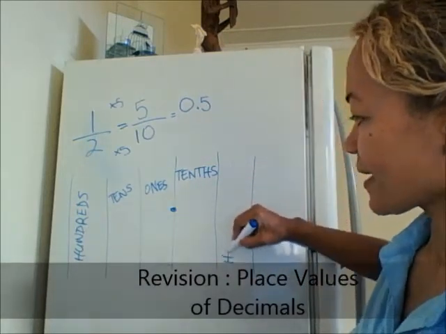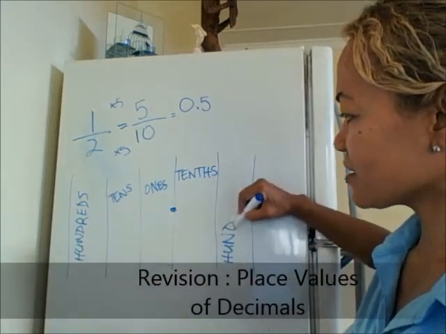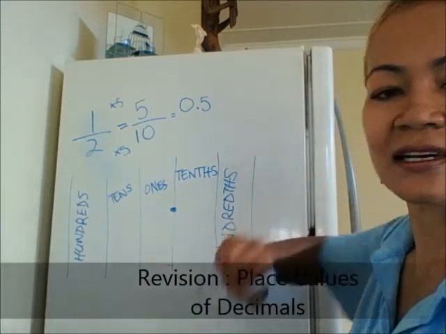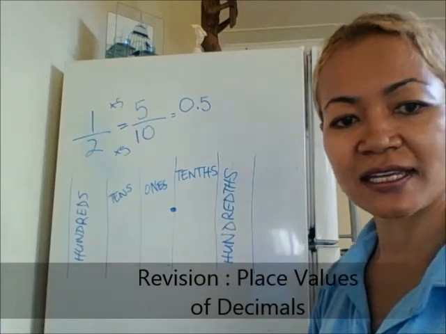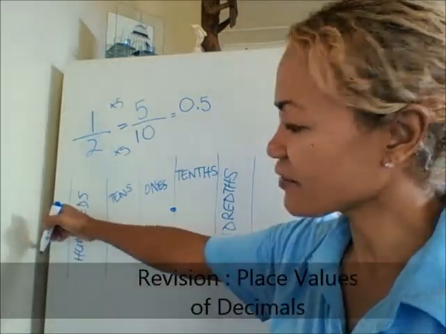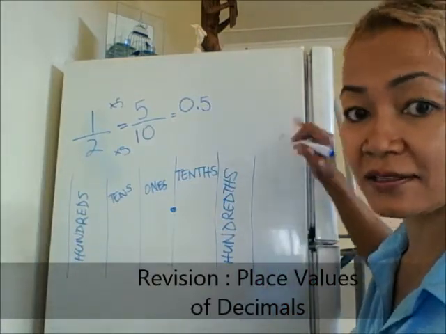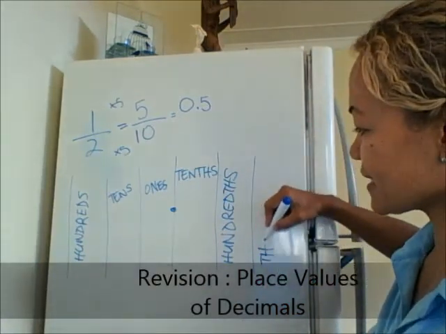So hundredths. So you whack the T and the H on the end. And after the hundredths, of course, you have thousandths. So here you would have thousandths. Let's just write it.